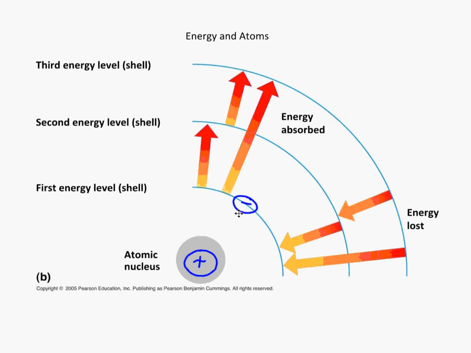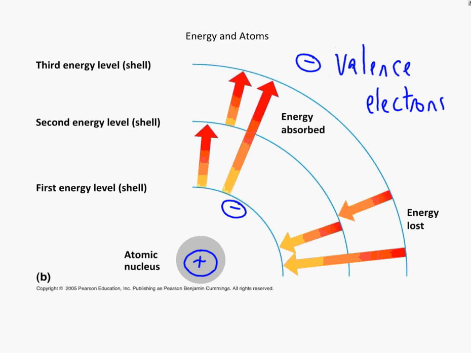Now some electrons always stay close, but some electrons are always out here. And the ones that are towards the outside, the outermost electrons, are called the valence electrons. These are the ones that are probably spinning the most, have the most energy, and also could be let go of easier.